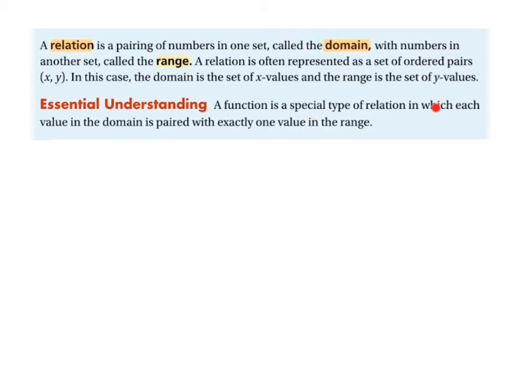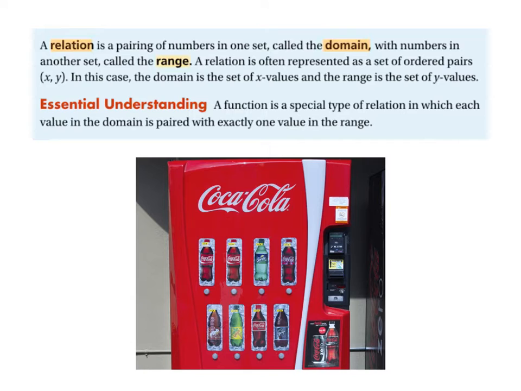A function is a special type of relation in which each value in the domain is paired with exactly one value in the range. And you'll recall me saying this, where you have, let's say a Coke machine, this button, this number in, right? The button is the number in, the entry that you push should only produce one thing out. You should only get a Coke when you push this button, right?